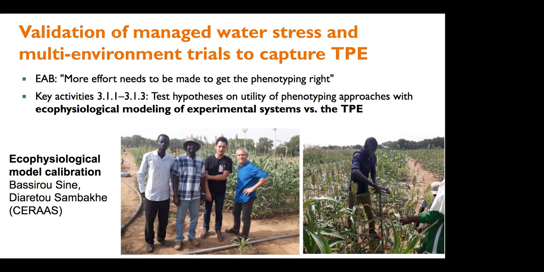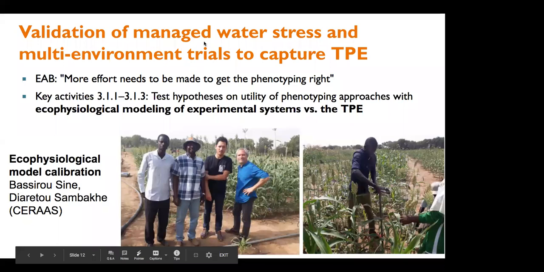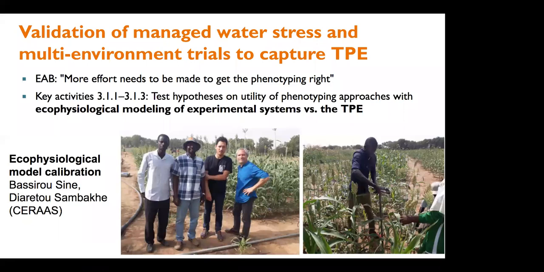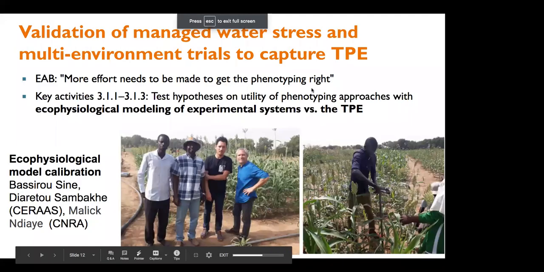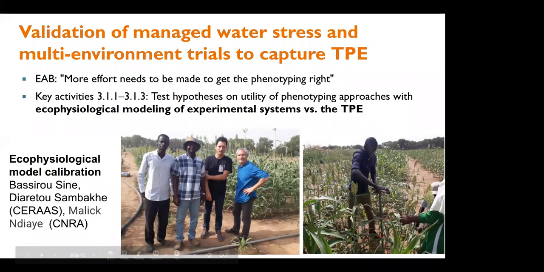For that, we envision to parameterize a set of diversified varieties from the WhatsApp, and to parameterize these varieties in the SAMARA model, to run the model in specific rainy season conditions when we have drought, and compare this result, particularly the biomass and the yield, to what we obtain in the off season, and see if we have the same comparison of the varieties.